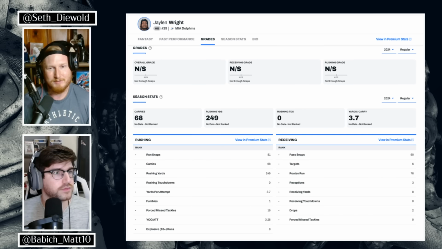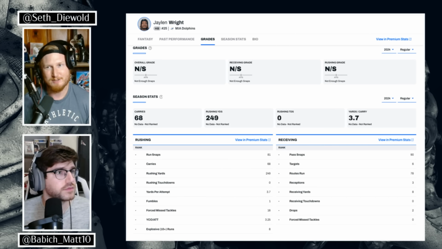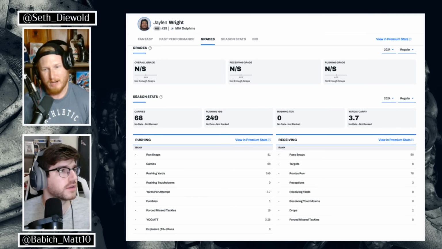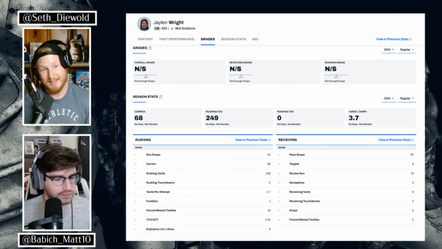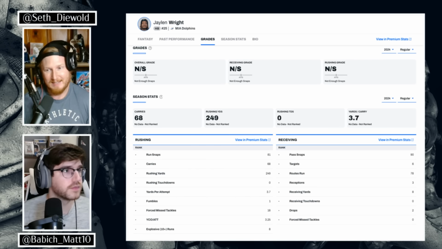And he was taken in round 4, but outside of adding Alexander Mattison and drafting Ollie Gordon in round 6, they didn't really do much to improve their running back room or to add to that number 2 spot. So again, you would think he figures to be the guy.